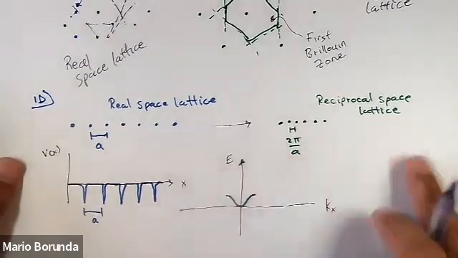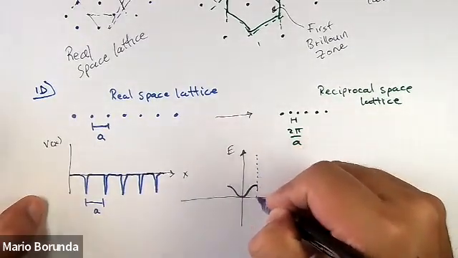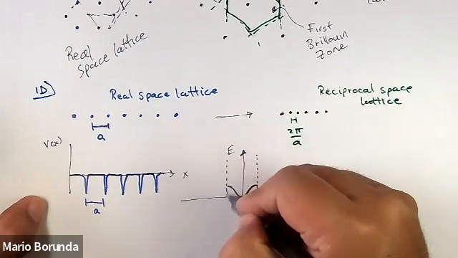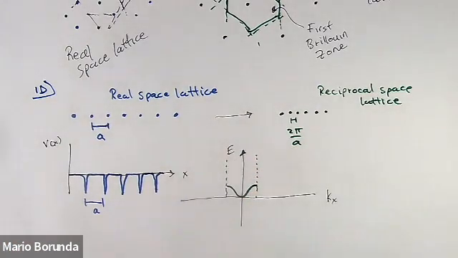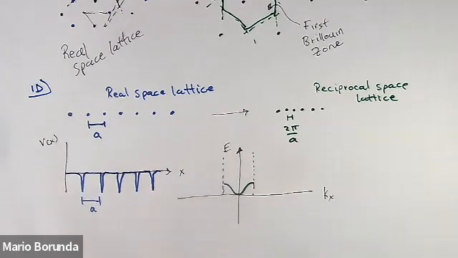And then here, this distance was A. In K-space, what is this distance right here? It's actually pi over A.